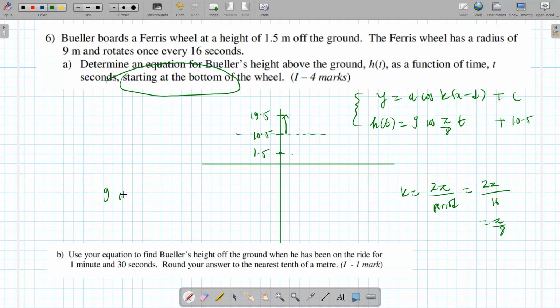Okay, you want to do this. 9 cosine, bracket open, pi times 90 divided by 8, plus 10.5. 4.1. Yeah, that's in our range, right? So that's probably right. 748 is a little bit off. That makes sense?